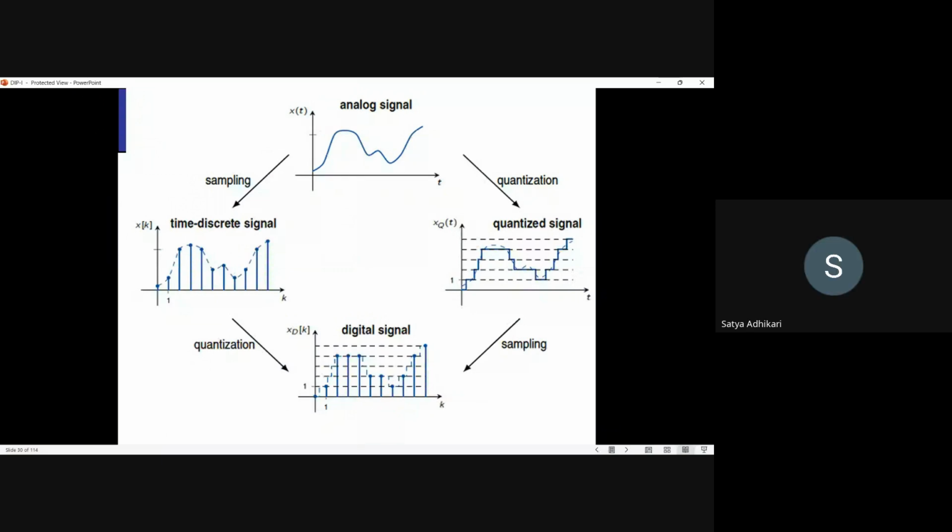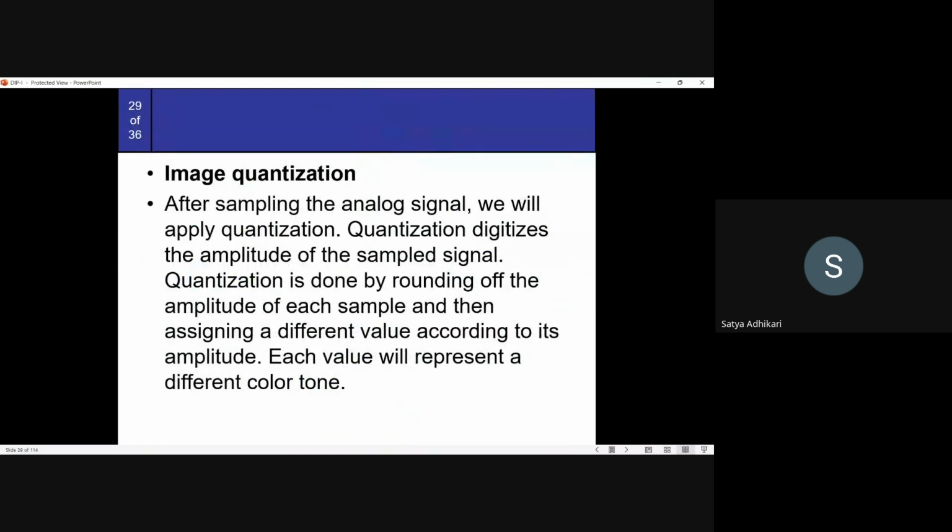Analog signal cannot be processed digitally. So why can an analog signal not be processed? You see, because an analog signal has... the reason is written on the slide.